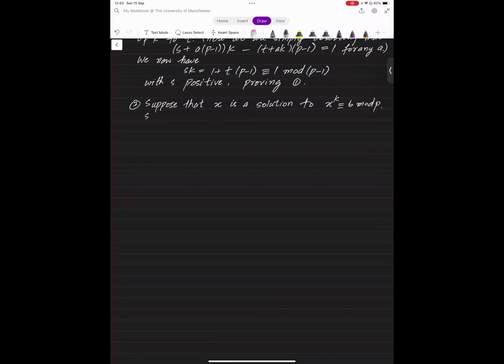Since p does not divide b, p does not divide x.